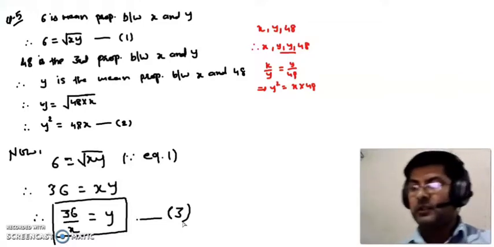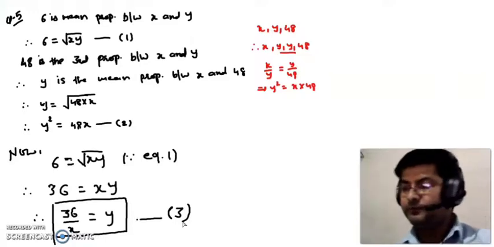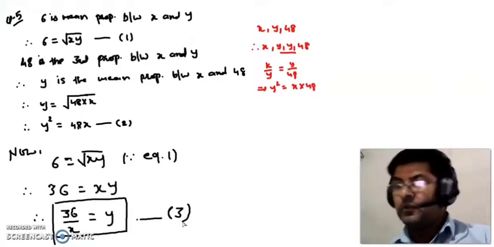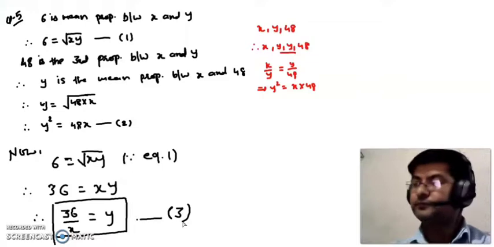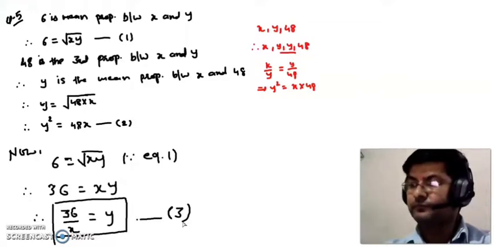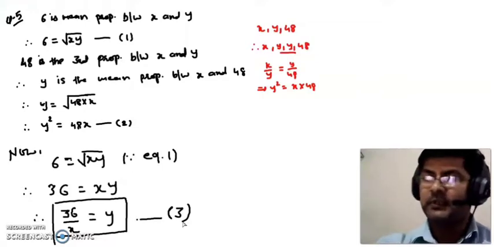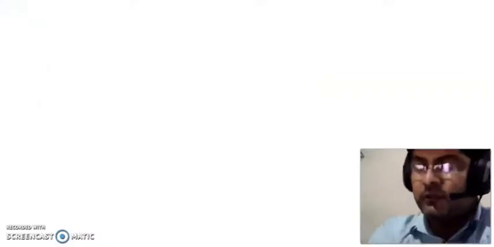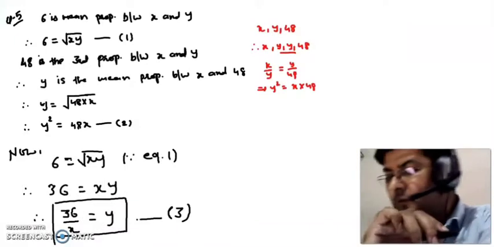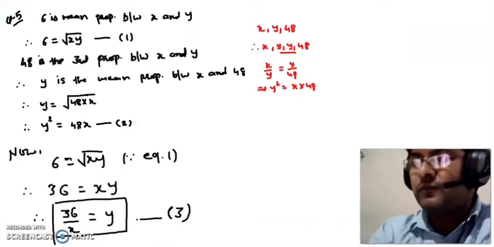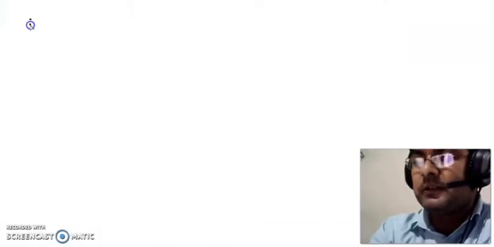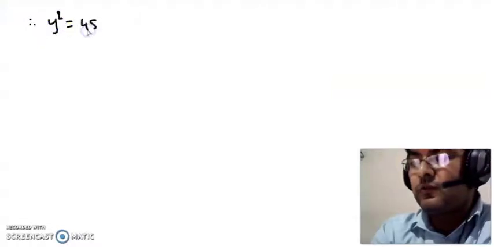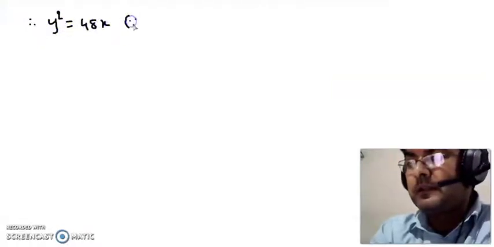Okay, let us substitute the value. In the next page we will solve this. So equation 2, what is equation 2? That is y square is equal to 48x.